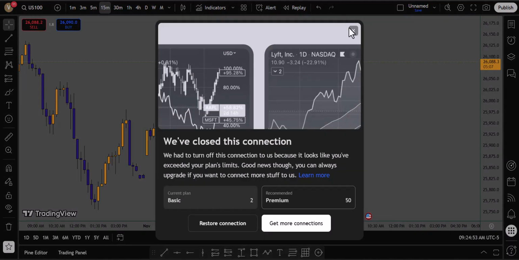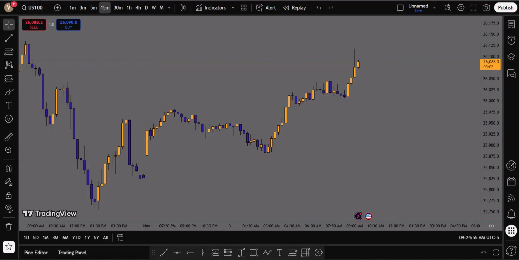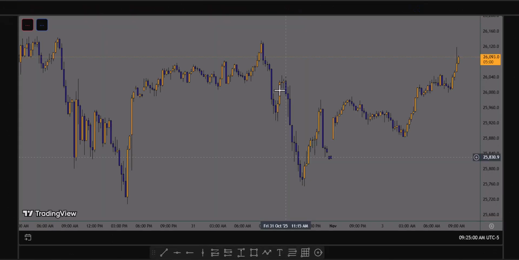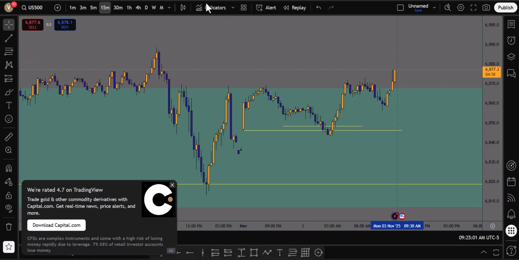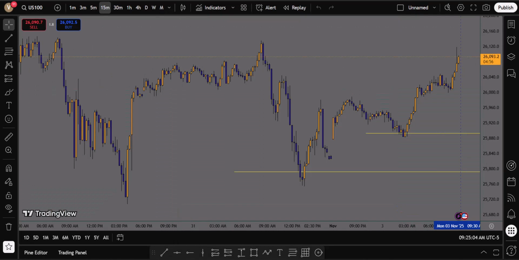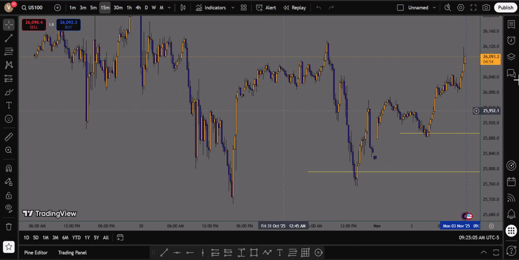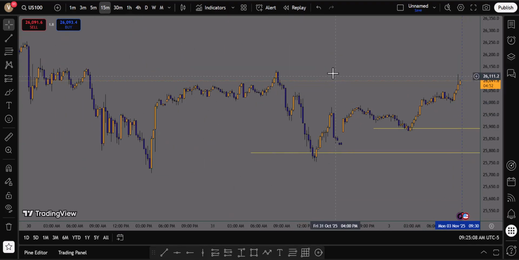Okay, so back to US100. Let me see what's happening here. US500 is actually going up. If you watch this point, there's a high here. This is the 15-minute chart, by 8:15.